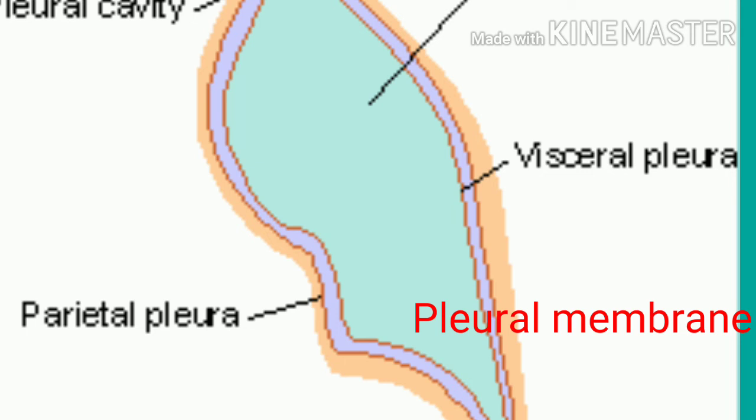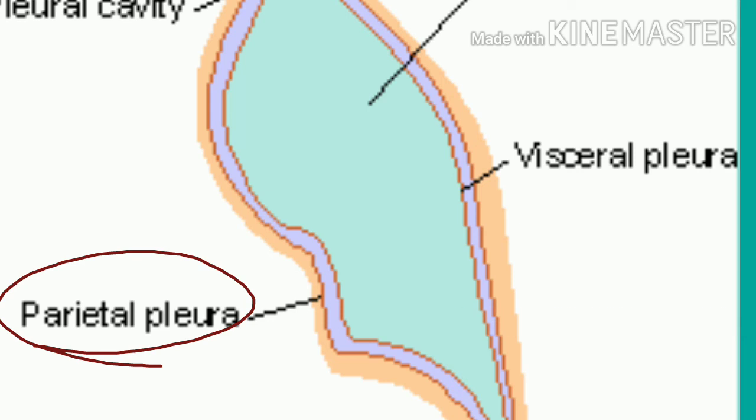In the pleural membrane, the outer layer is the parietal pleura. It lies against the wall of the thoracic cavity, meaning the parietal pleura is attached to the wall of the thoracic cavity.